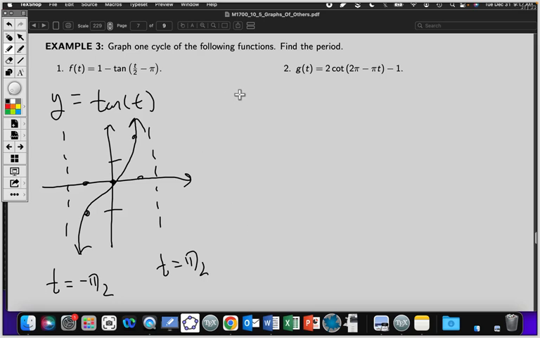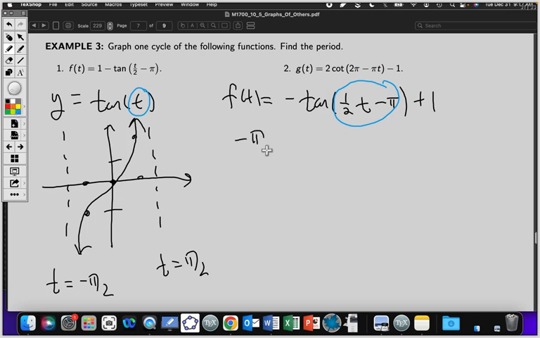So let's take a look at f of t, and let's rewrite it here. We'll put the tangent part first. Tangent of 1/2 t minus pi, plus 1. So let's think about this. For the standard tangent, we're going to run between minus pi over 2 and pi over 2. So we're going to put this between minus pi over 2 and pi over 2, and we'll solve the inequality.